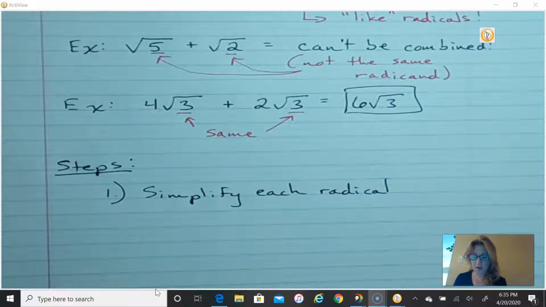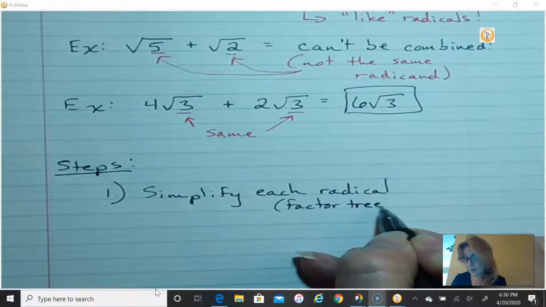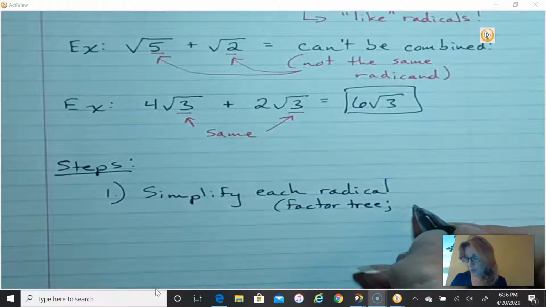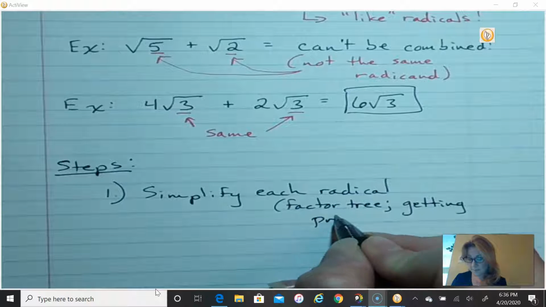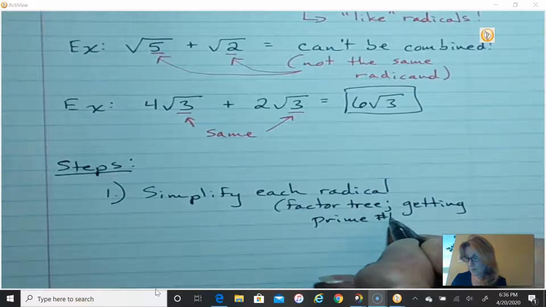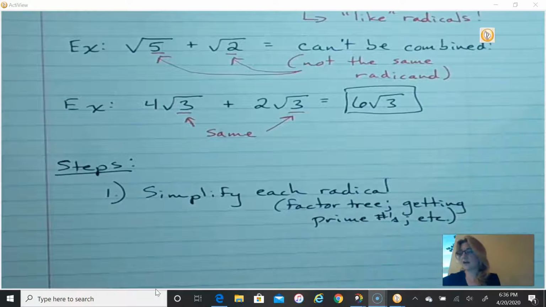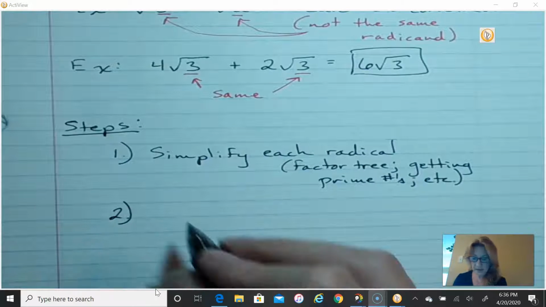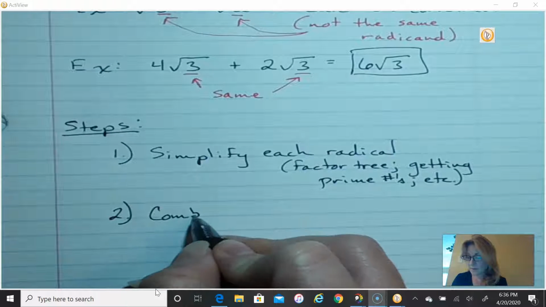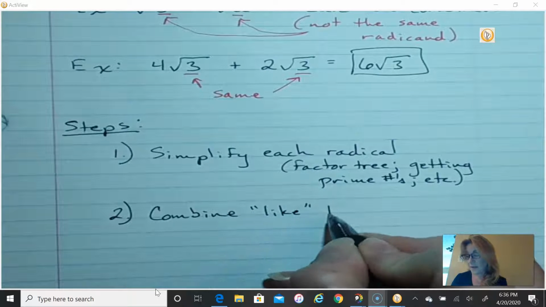Basically like a factor tree, you're getting prime numbers, etc. Okay, y'all been doing that. Y'all even had an IXL on that. All right, number 2, combine like terms. And that's it.